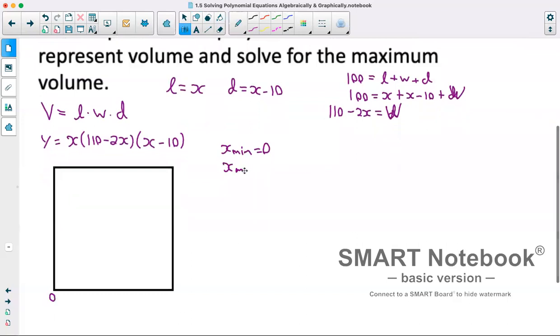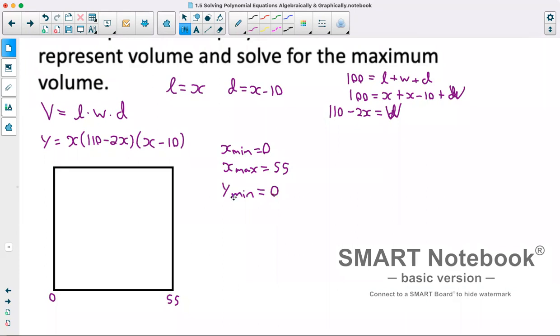The x maximum, looking at my equation, I know none of my lengths should end up being negative. Now, if I put a value in here that is any larger than 55, I end up with a negative. So I'll go x max is 55. Now my y minimum, it doesn't make sense to have a negative volume.